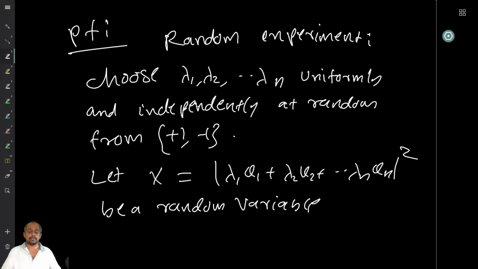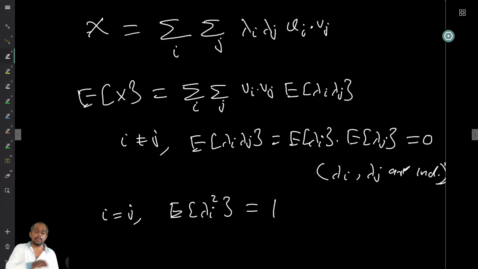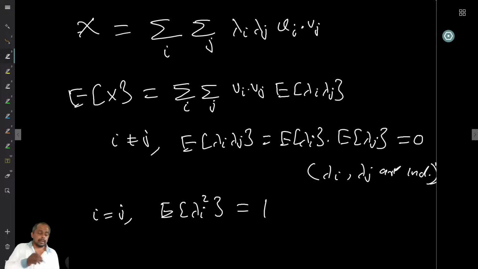So now I define a random variable as follows. The random variable x is basically lambda 1 v1 plus lambda 2 v2 etc. plus lambda n vn, the square of the length. Now you observe that x is basically the summation over all i, summation over all j of lambda i lambda j vi dot vj.